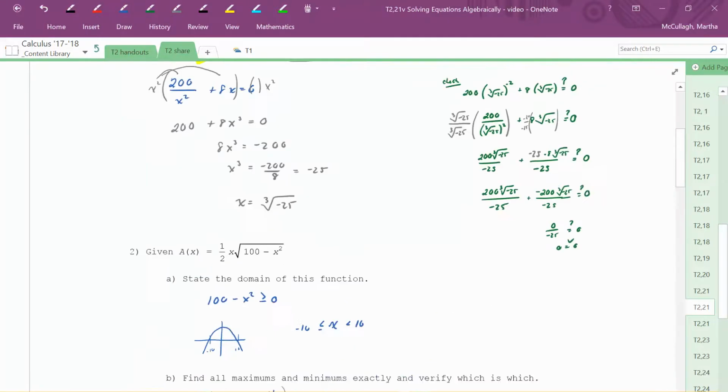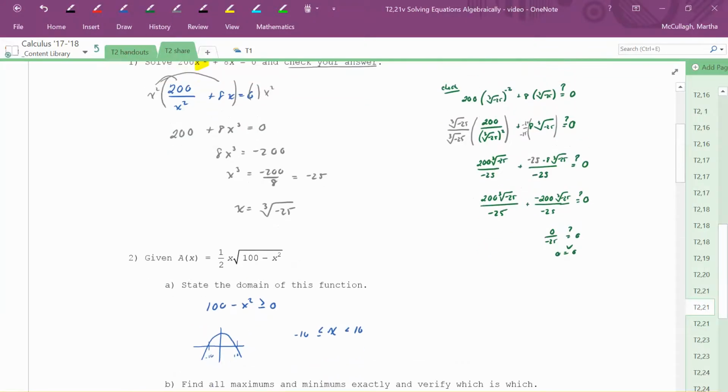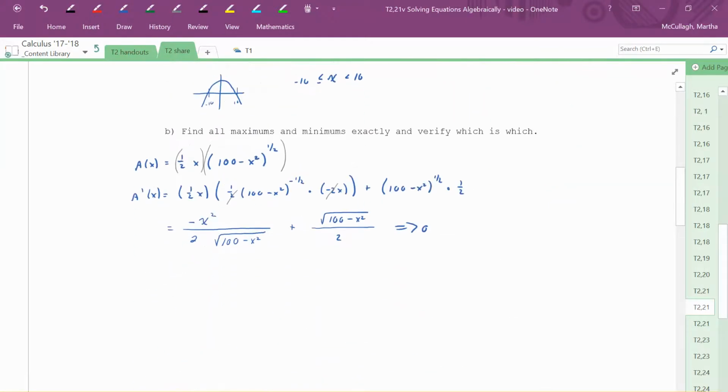Up here, we multiplied each side by the x squared, but I said we could have moved this 8x to the other side. We could have subtracted 8x from each side and then cross-multiplied. I think in this case it might be easier to do that move and then go ahead and cross-multiply with having a 0 over here.